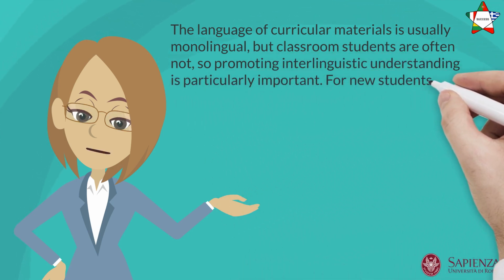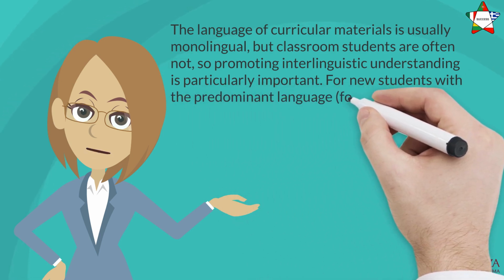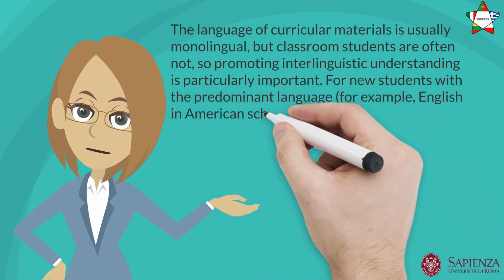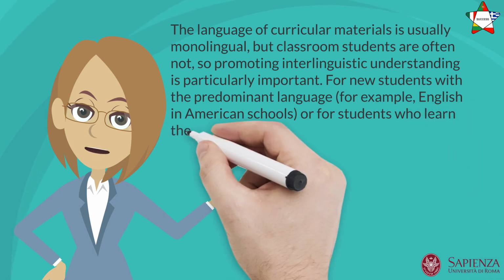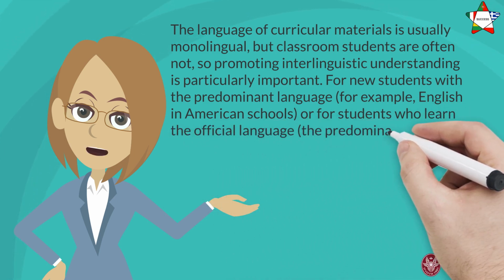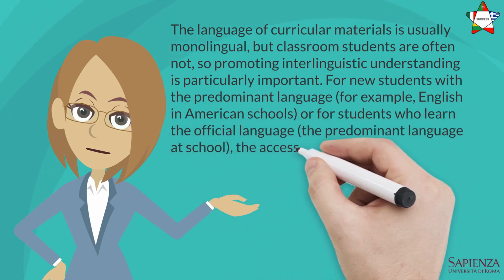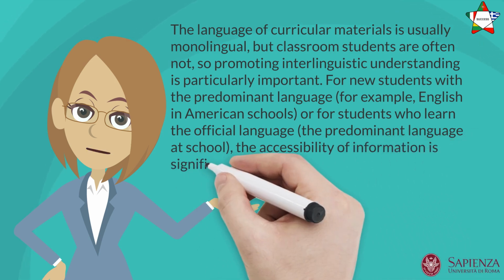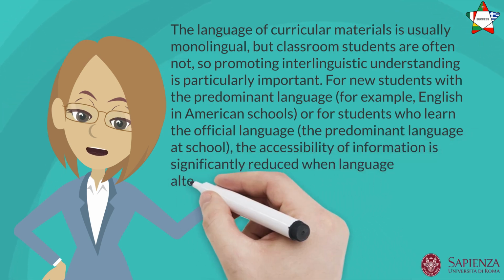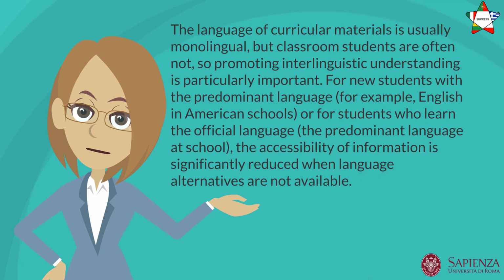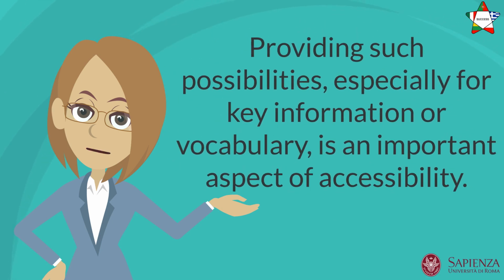For new students with the predominant language, for example, English in American schools, or for students who learn the official language, the predominant language at school, the accessibility of information is significantly reduced when language alternatives are not available. Providing such possibilities, especially for key information or vocabulary, is an important aspect of accessibility.